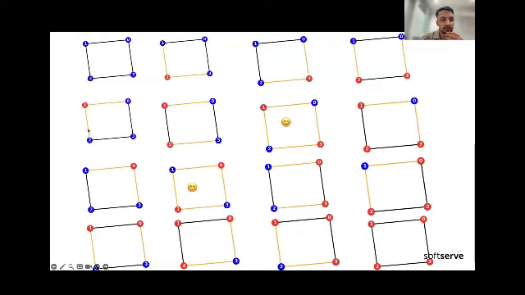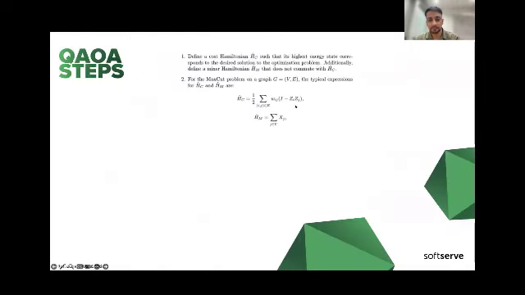If these two vertices are differently colored, I'll assign, for example, red as +1 and blue as -1. I'll use those two numbers to represent red or blue. So if two vertices are of the same color, multiplying them gives me 1, and so this term will be 0 if the vertices are of the same color.